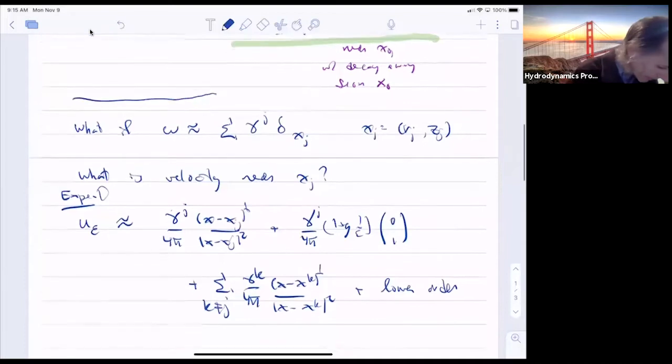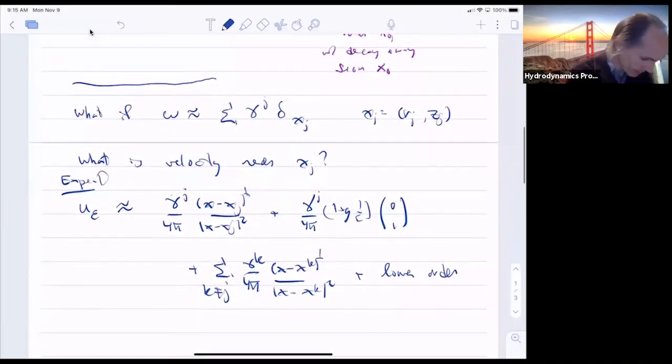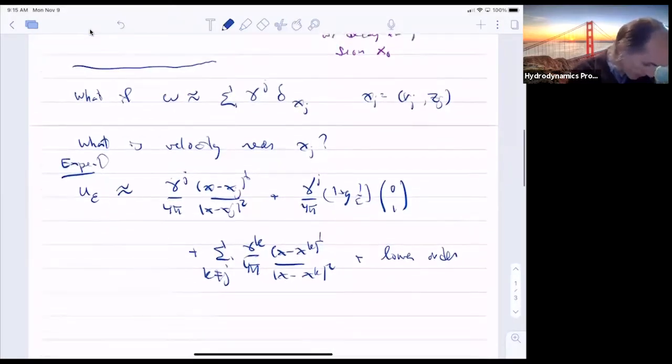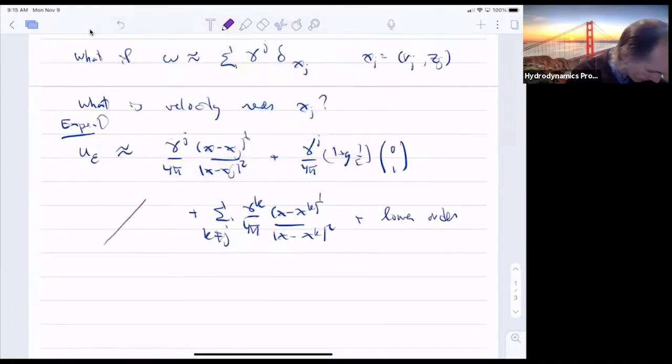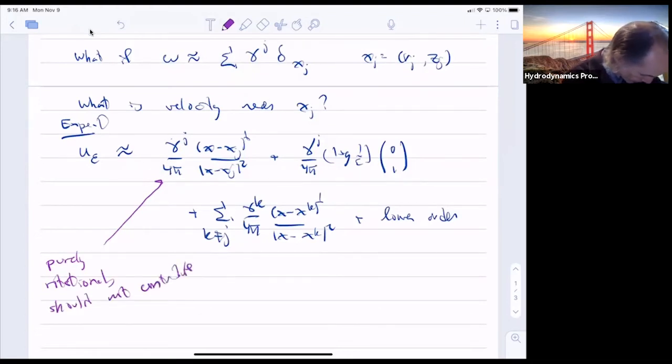But let's see. So we believe that, as always, this is purely rotational. So it should not contribute to the macroscopic vortex velocity.